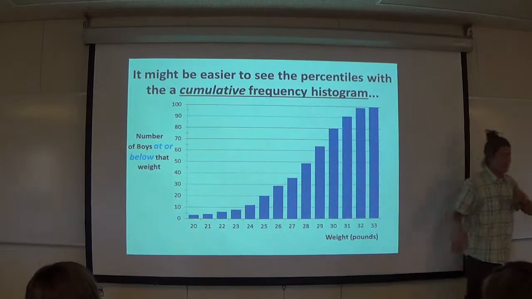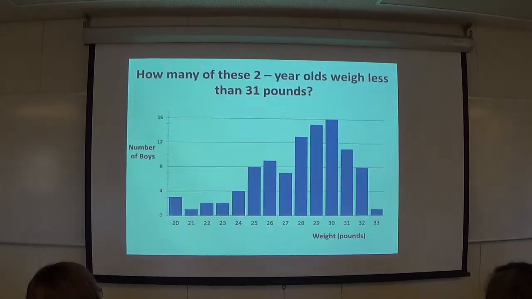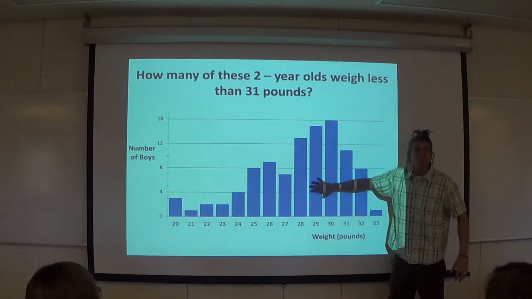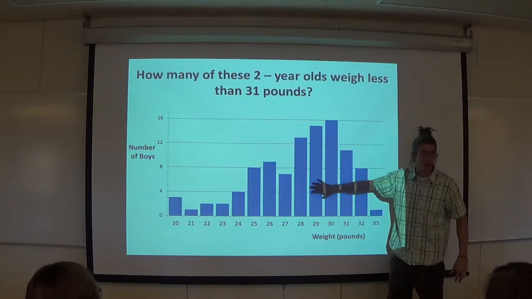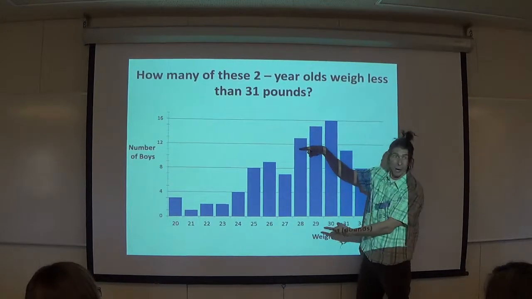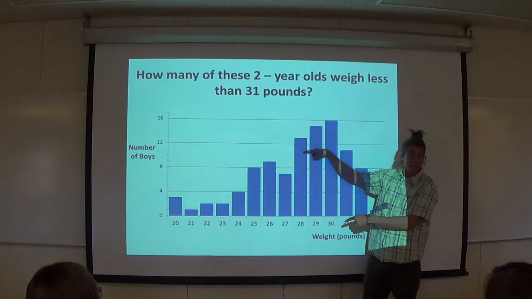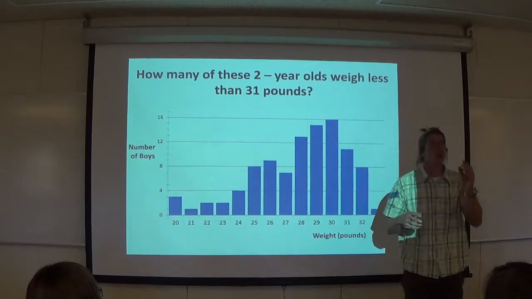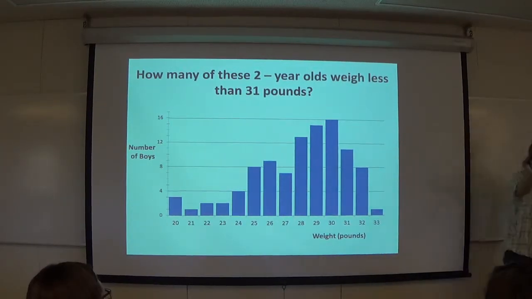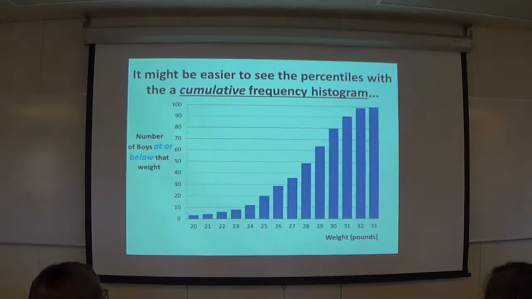Remember the raw data set, how packed in the data was right here? That's why those are jumping like they are. You're adding 15 data points, 15% of the data set, onto the previous bar to get the next bar, which is why it jumps like it does. And that's why you see this humongous jump right here.